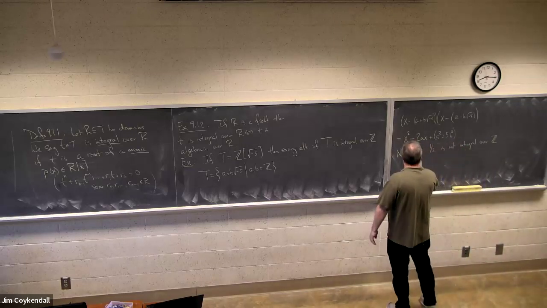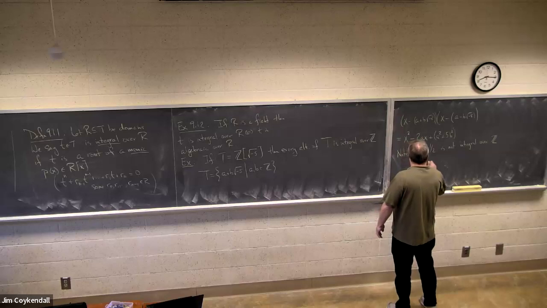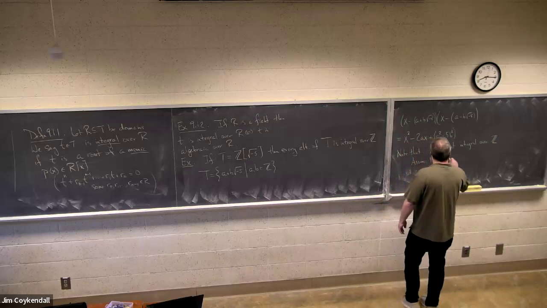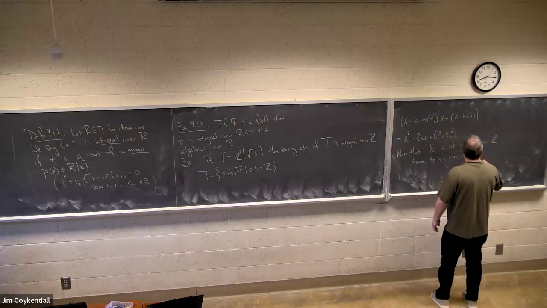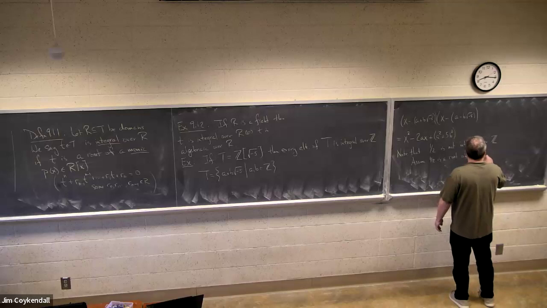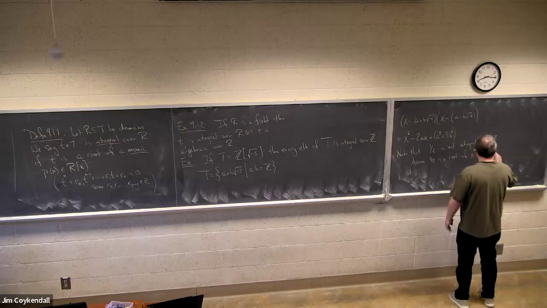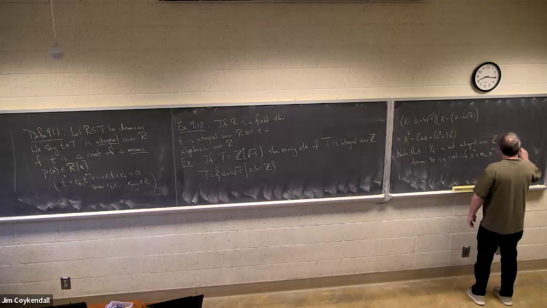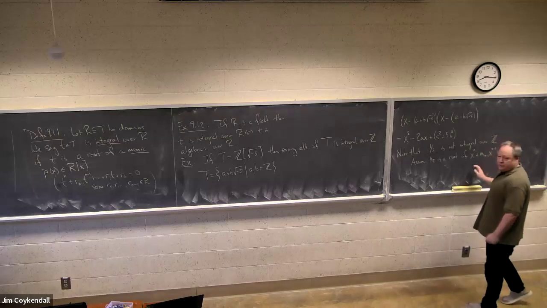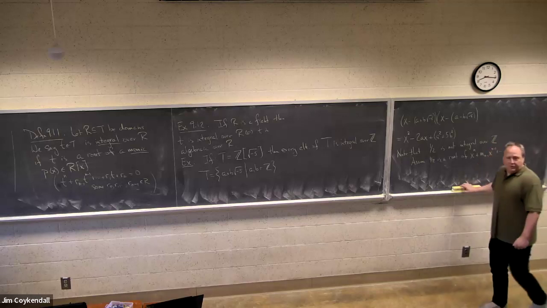So let's assume 1/2 is a root of x to the n plus m sub n minus 1 x to the n minus 1 and so on, where these m_i's are all integers, right?